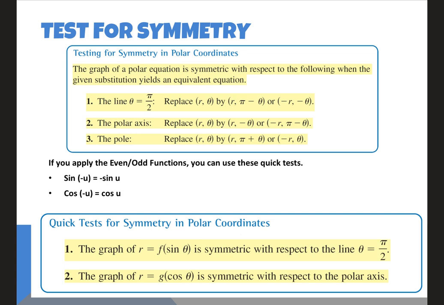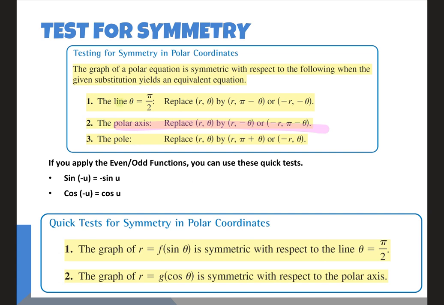At the top is the long description of symmetry. If you remember symmetry when we were dealing with x-axis symmetry, if we plugged in a negative y and it went back to normal, then I would know it has x-axis symmetry. So the concept is the same. If it's polar axis, then if I plug in a negative theta, which is my input, it would go back to positive theta.